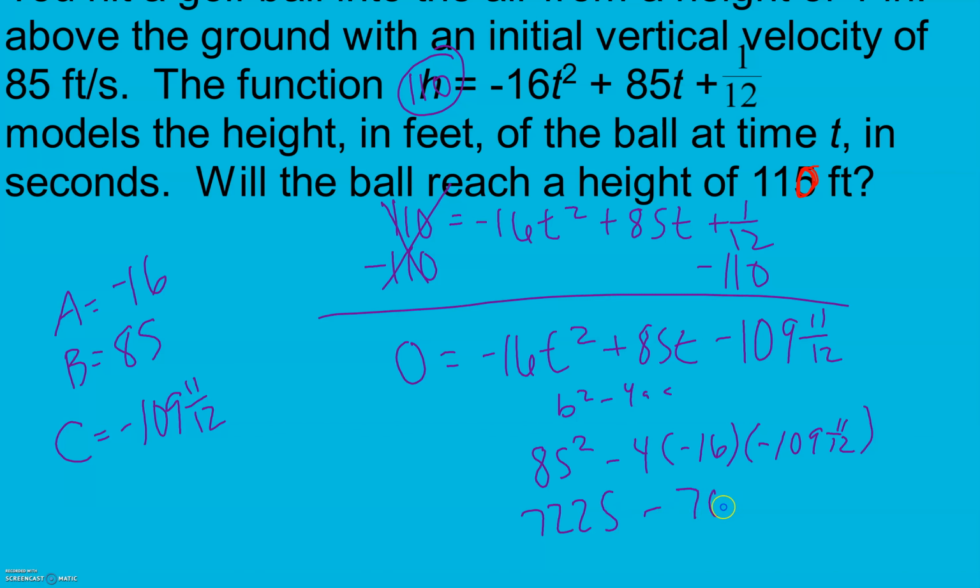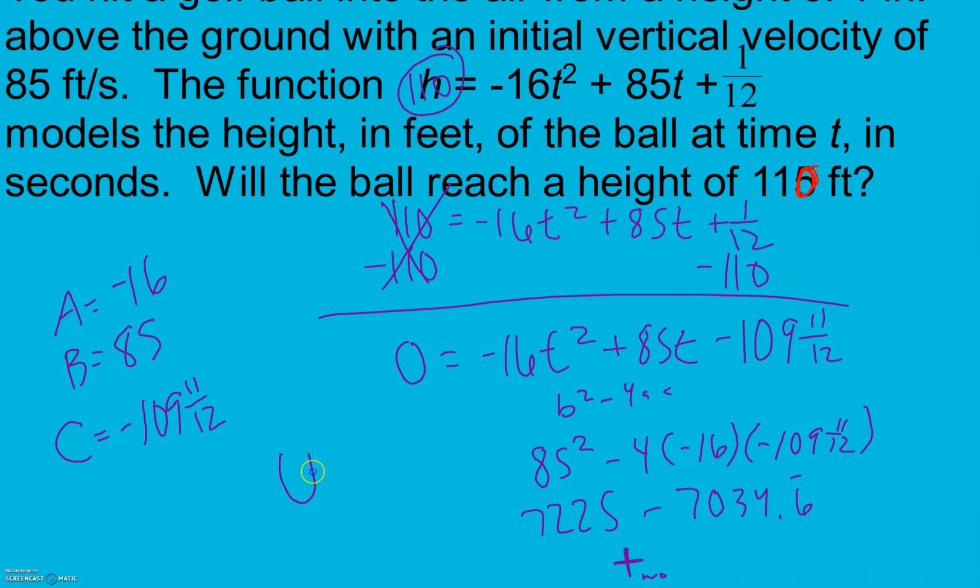Which gives me 7,034.6 repeating. I don't even need to subtract here, I just need to know that my answer is going to be positive, which means I would have two solutions. So there's 2 times when the ball would have a height of 110 feet.